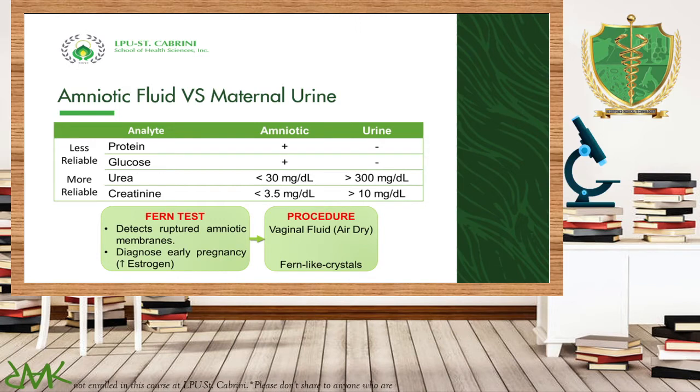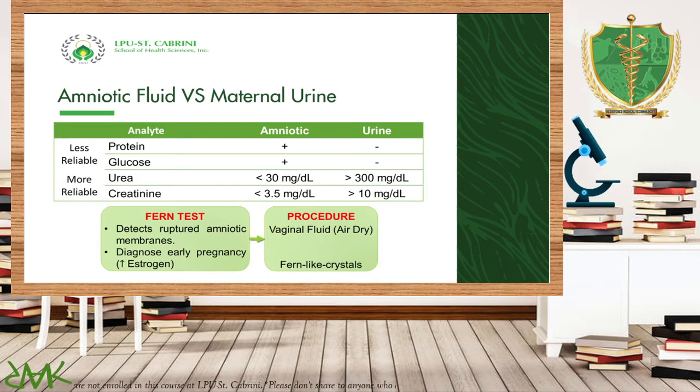There are four analytes. We have our protein, glucose, urea, and creatinine. Okay? Protein and glucose is positive in amniotic fluid. However, in urine, it's variable. It can be positive or it can be negative.